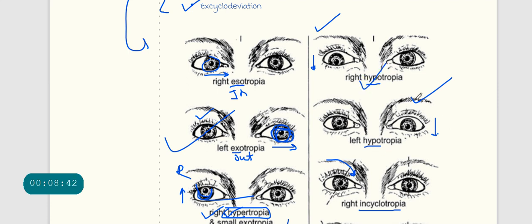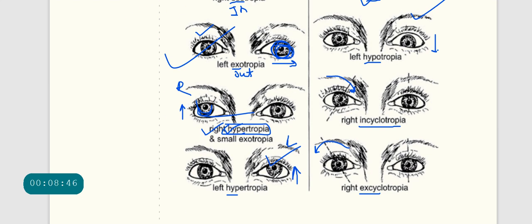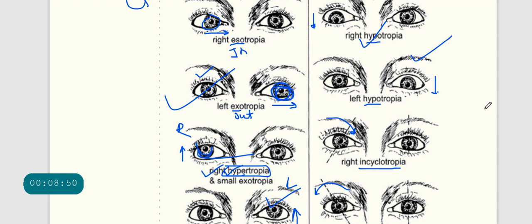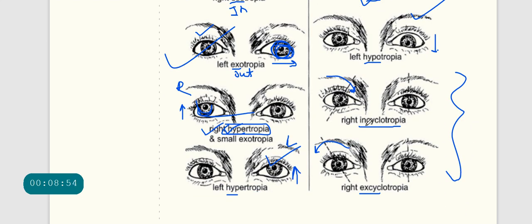Now to other very important terminologies: incyclotropia and excyclotropia. Incyclotropia is the inward deviation from the axis. Assume this is the normal axis, and the eye would be deviated inwards here.